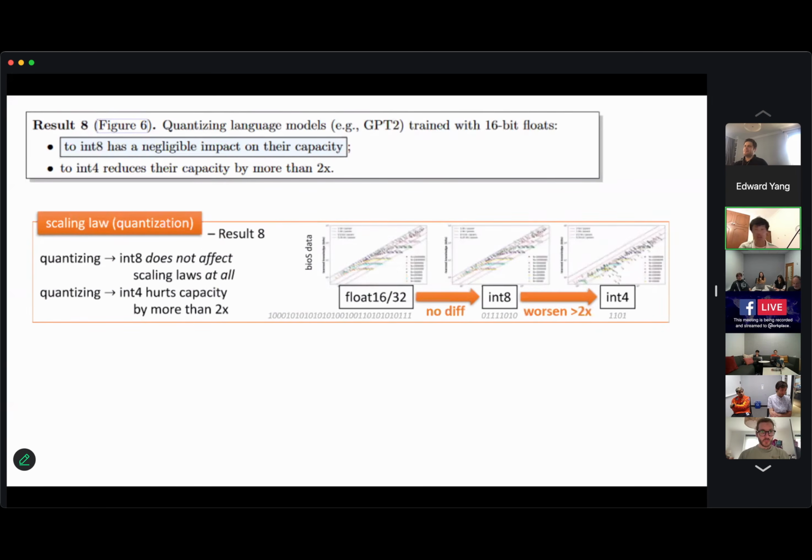The most interesting thing I found from the paper was that it seems like float 8 might be the final precision. If you go even lower precision than float 8, you actually lose accuracy.